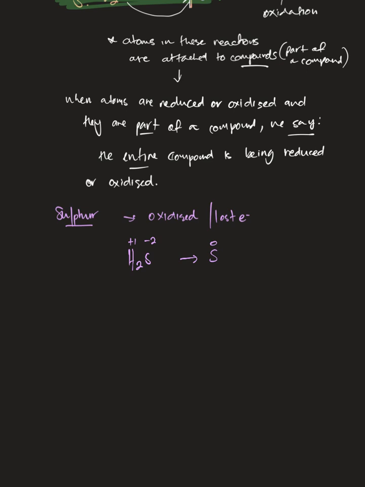Now this sulfur had to give away the electrons. If it's giving away electrons, what is the thing that was receiving? So the first statement you must write down is that the hydrogen sulfide is oxidized, not the sulfur.